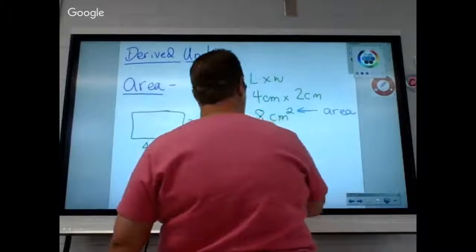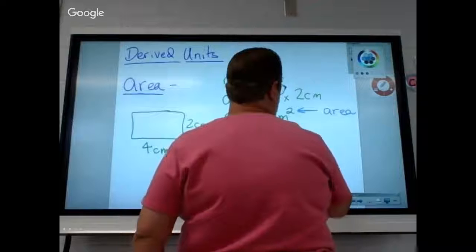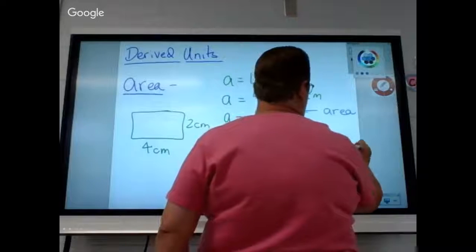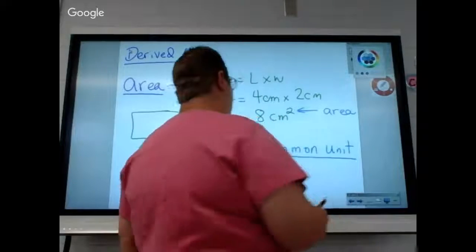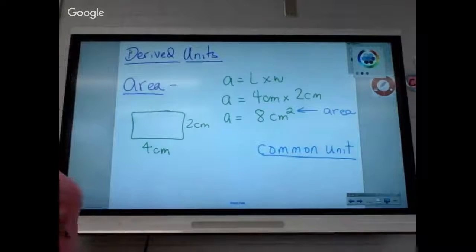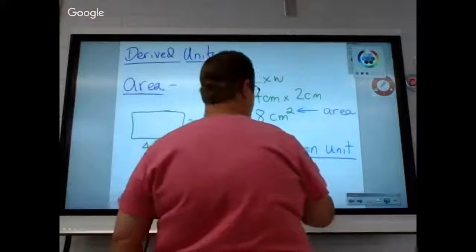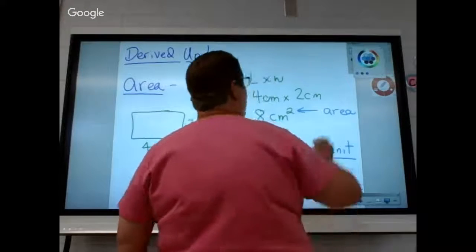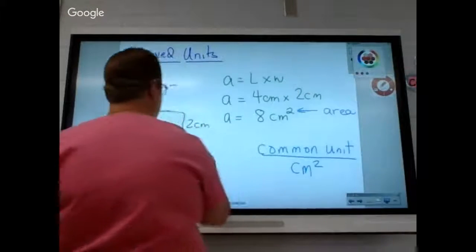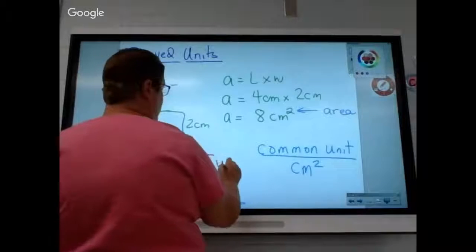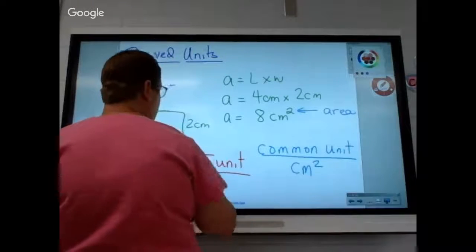Now, my question is, is a centimeter squared a common unit, or is it the SI unit? It's the common unit. So, what then is the SI unit for area?